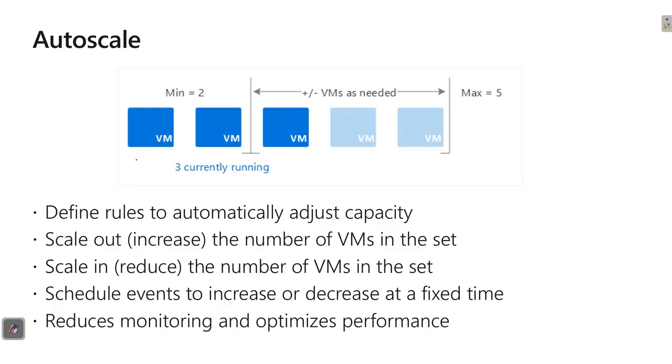There is also one more concept we need to understand, which is called over provisioning. As per this example, here is the base machine, which is 2. The customer is starting from 2 machines and the maximum is 5, because that is the maximum limitation from the customer side, either based on business or based on the budget. When both my virtual machines are overloaded, Azure creates my third virtual machine.